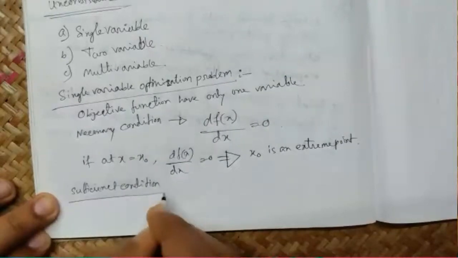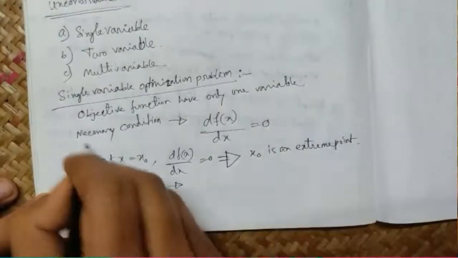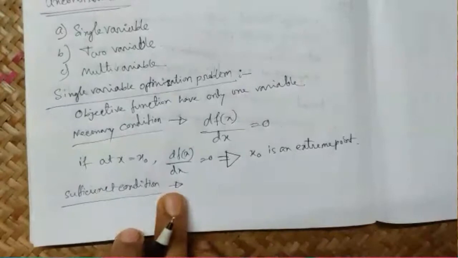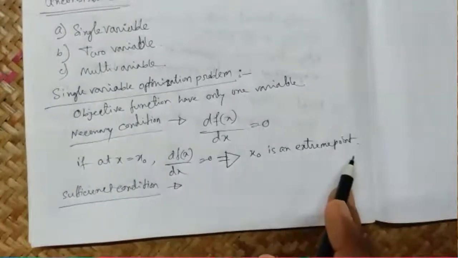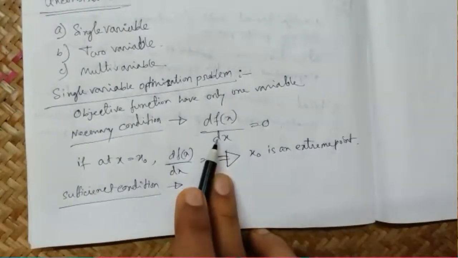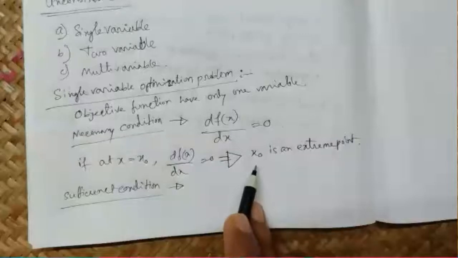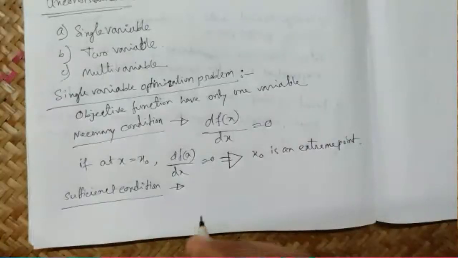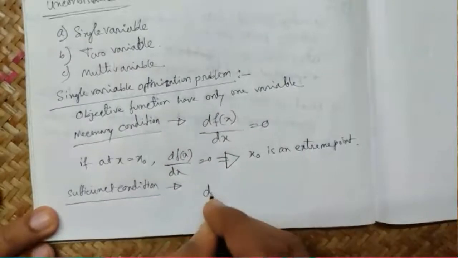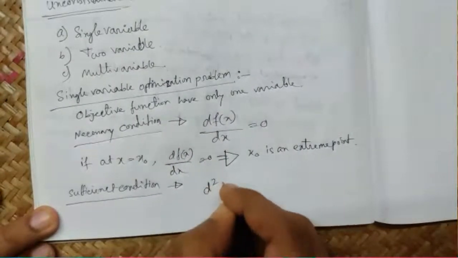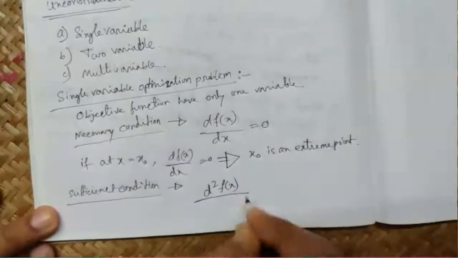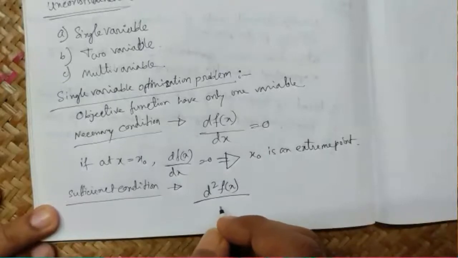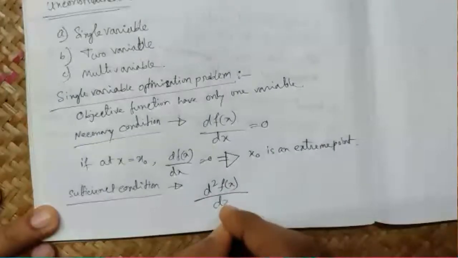So the sufficient condition is required to find out whether that extreme point is either a maxima or a minima. How can we do that? The sufficient condition we have to find out is the double derivative of the function with respect to x.